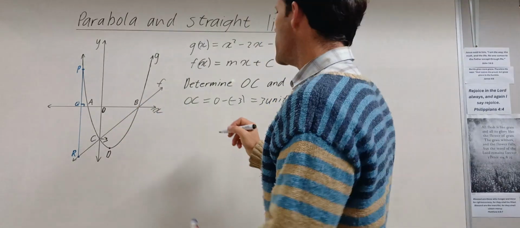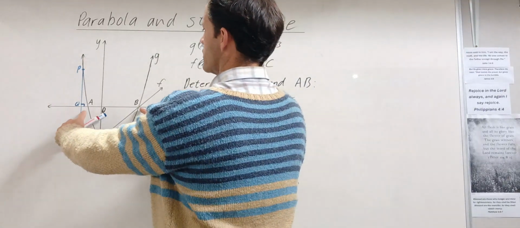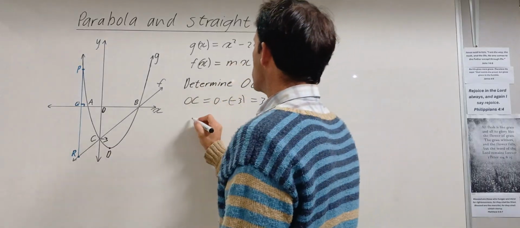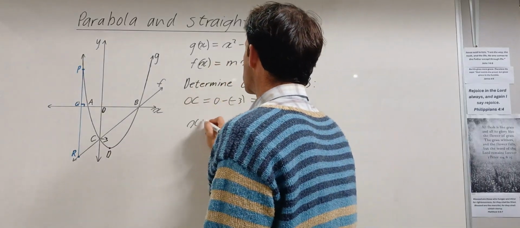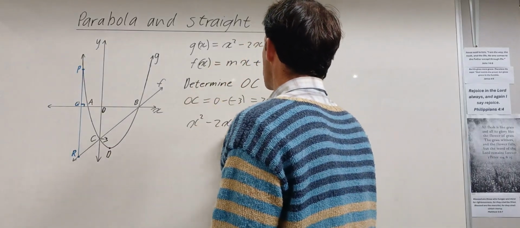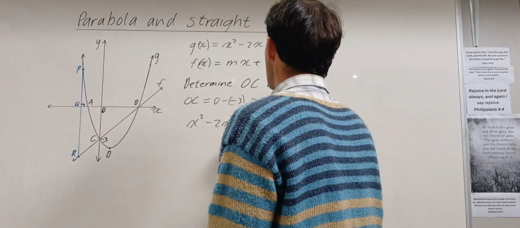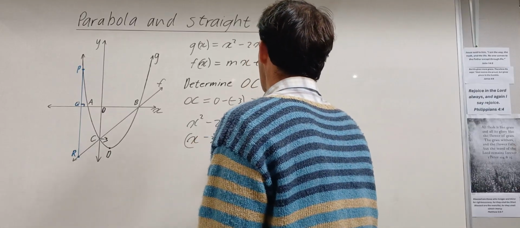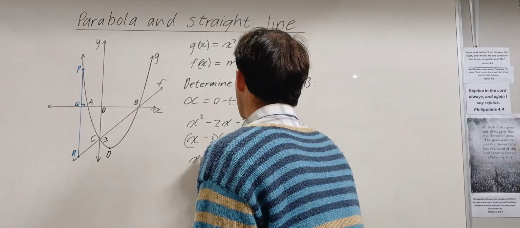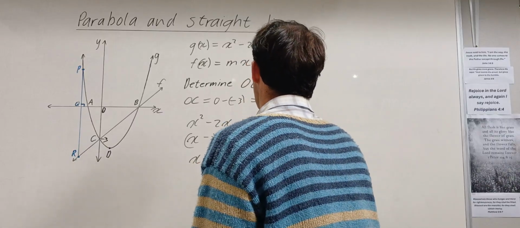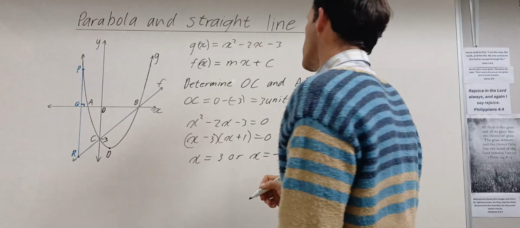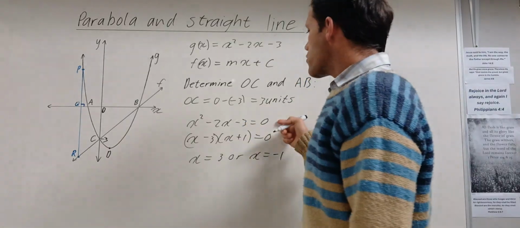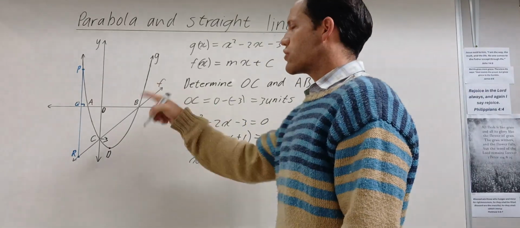And then for AB, we're going to need the x-intercepts. So now we go to this equation, x squared minus 2x minus 3, and we put it equal to 0, and then we just solve it. And we get 3 or -1. So put the equation to 0, solve for x, and you get your x-intercepts.